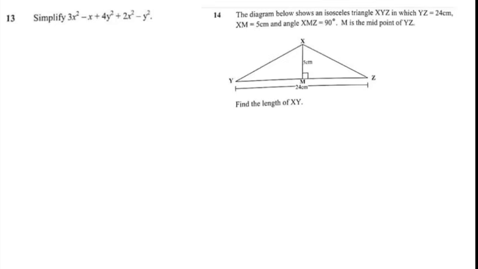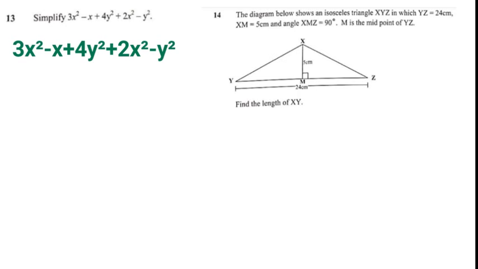Question 13 was as follows. Simplify 3x squared minus x plus 4y squared plus 2x squared minus y squared. So what I'm going to do is rewrite this expression down here. Once I've done that, the next thing is to put like terms together.